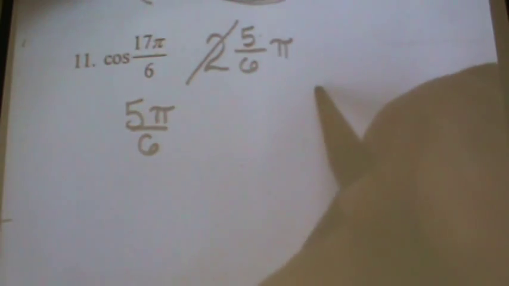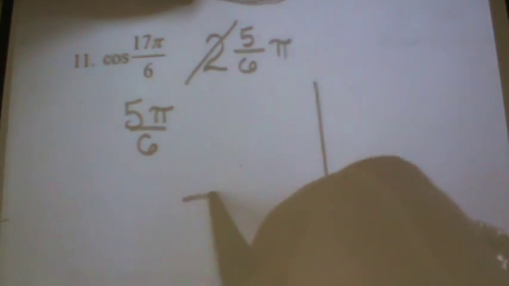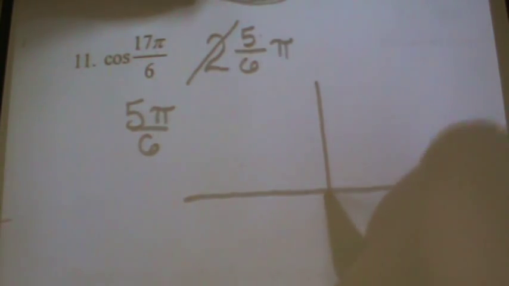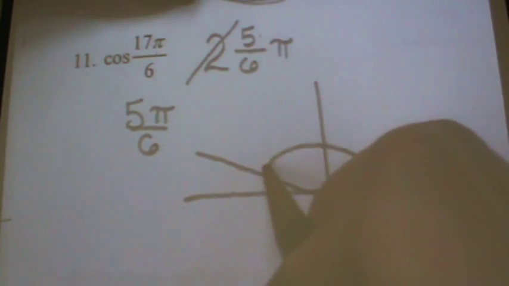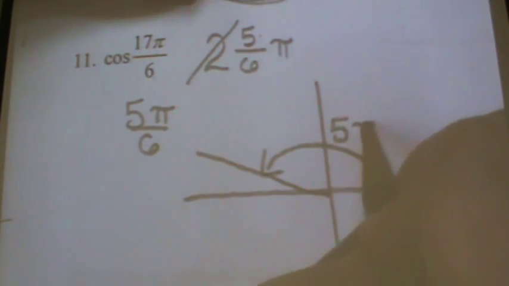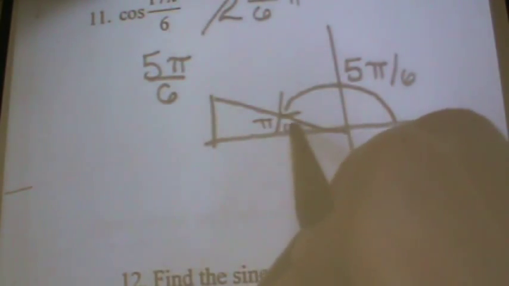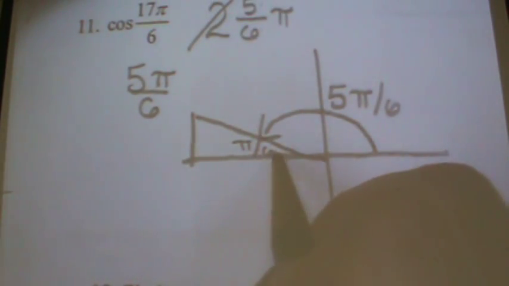Where is 5 pi over 6? What quadrant? Where is it? So 5 pi over 6 is right here. So we're going to use this pi over 6 angle. We're in quadrant 2. That's a 30 degree.